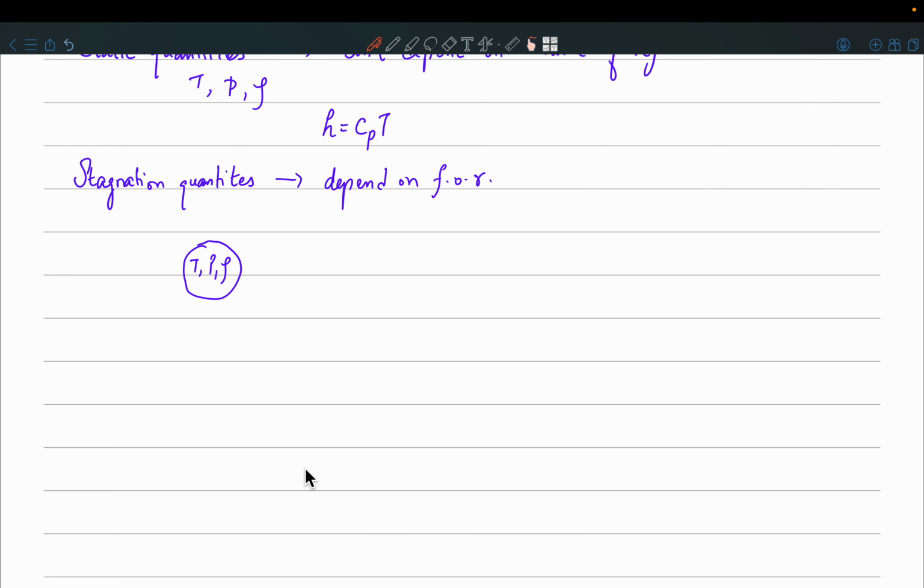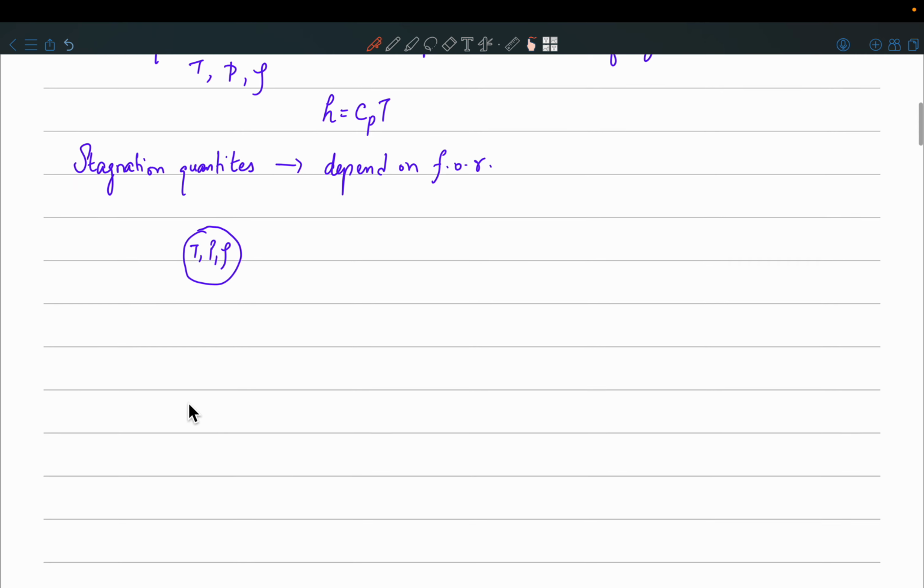So we know what static and stagnation quantities are, right? Do you have any specific doubts about stagnation and static quantities? No? Okay. So you must have seen the steady flow energy equation, right?